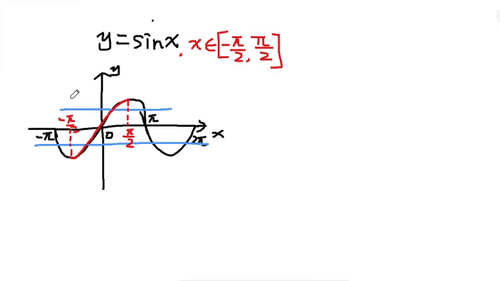Now it becomes one-to-one, right? And here the domain is minus pi half to pi half. How about the range? Of course, the range is the same, from -1 to 1.